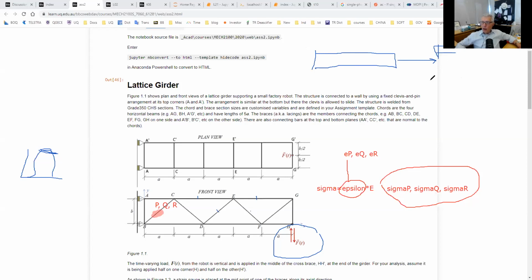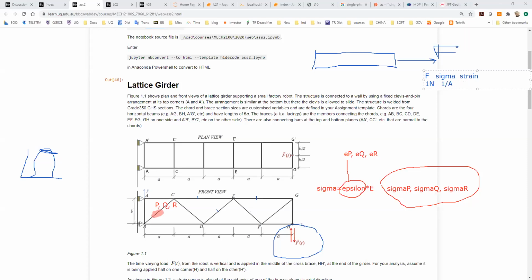I know that if F is equal to 1 newton, sigma would have been 1 divided by area. Is that right? Yes.